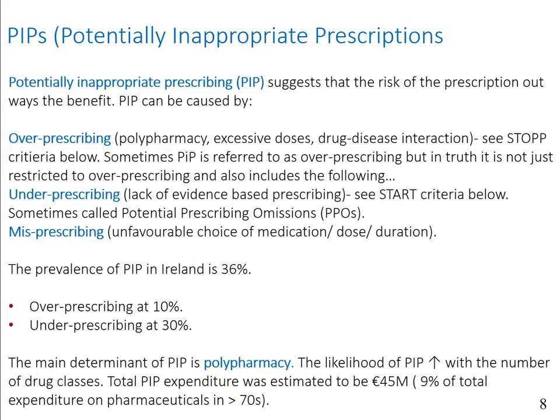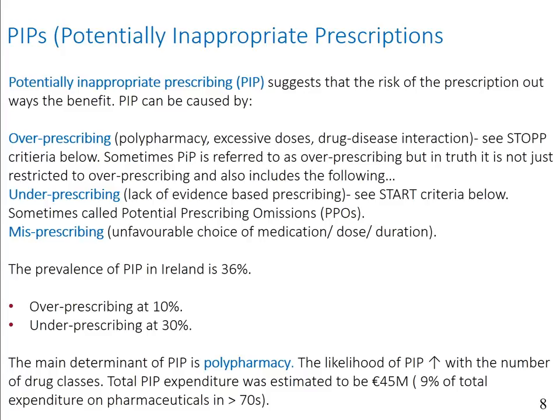In Ireland, the prevalence of potentially inappropriate prescriptions in the elderly is about 36%. But most of this is underprescribing. The main determinant of potentially inappropriate prescriptions, or PIP, is polypharmacy. So the likelihood increases with the number of drugs.